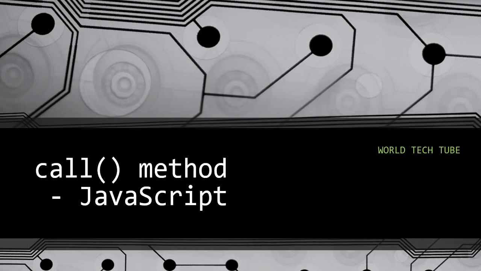Now let us see what the call method is in JavaScript. Before we start with this tutorial, make sure that you have gone through the previous video on the use of the this keyword.